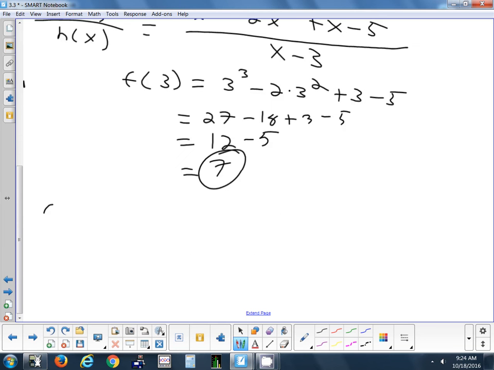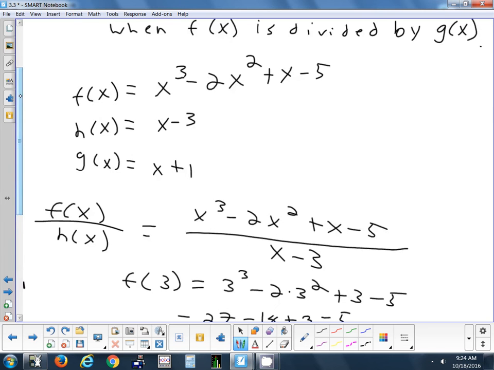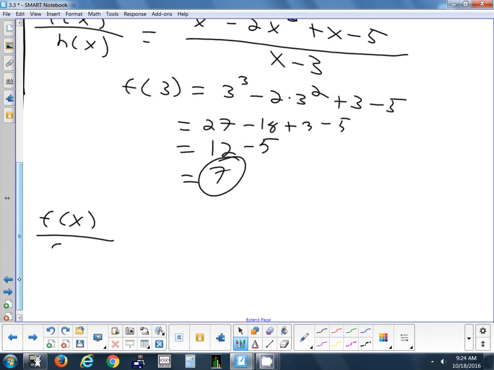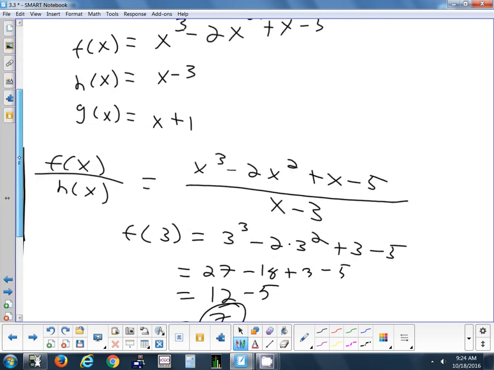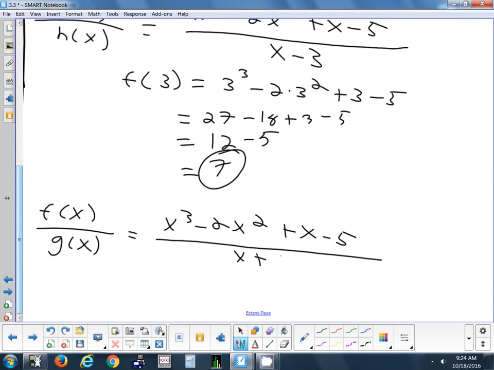All right, the next one we're going to do f of x, but this time I want to divide by g of x. So same numerator, but different denominator, x plus 1. I can still use the trick here, but does anyone know what I have to be careful about?